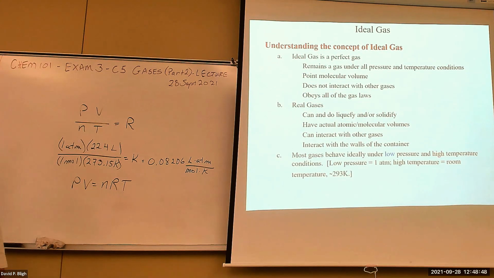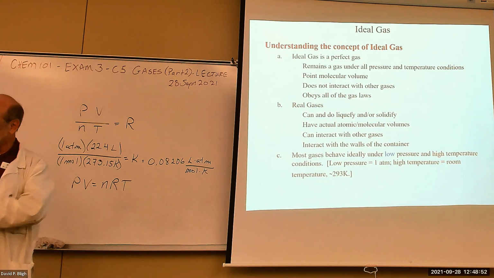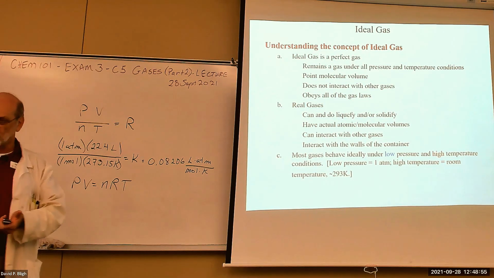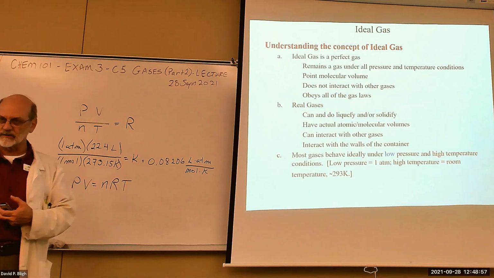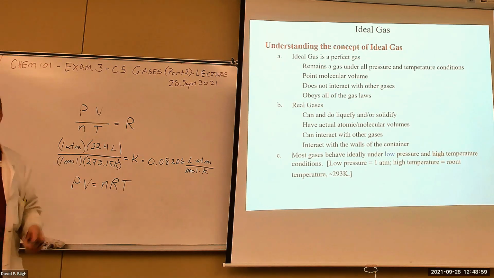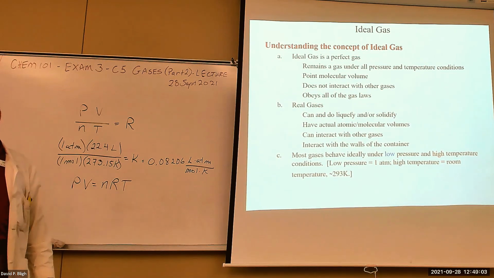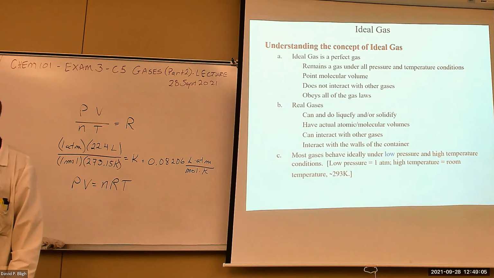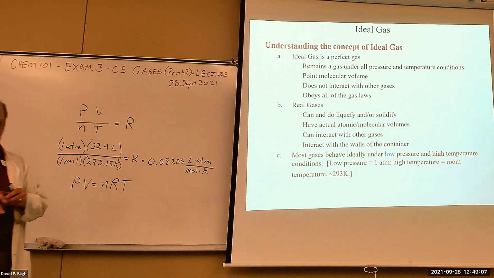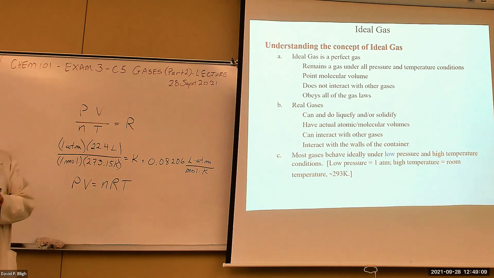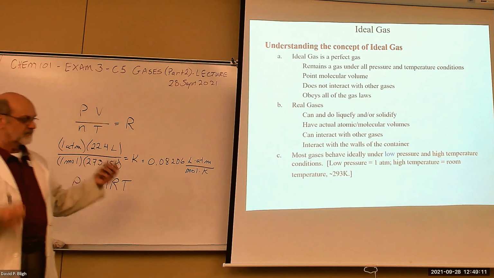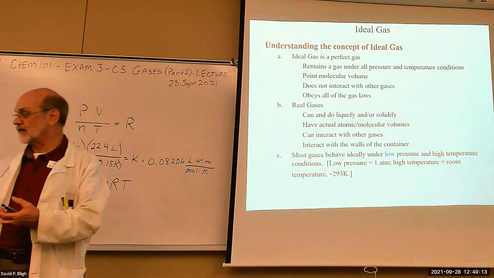Okay. Under what conditions do gases behave ideally? Under low pressure and high temperature. Low pressure is 1 atmosphere. High temperature is room temperature. So the earliest investigators of gases could treat gases as ideal.